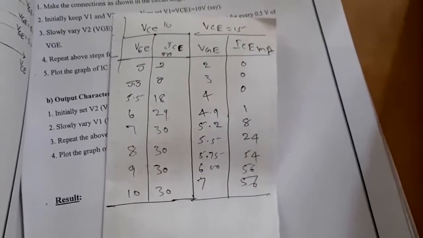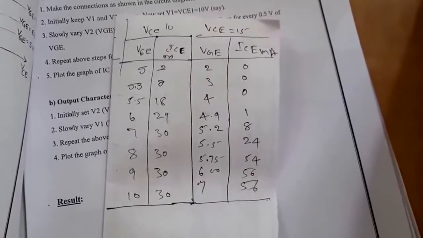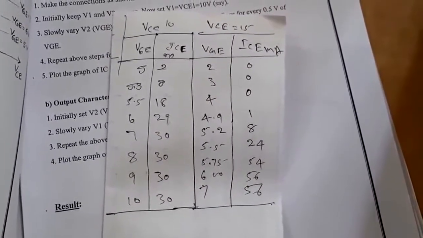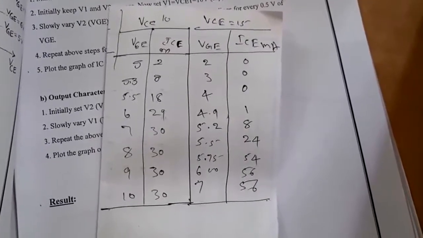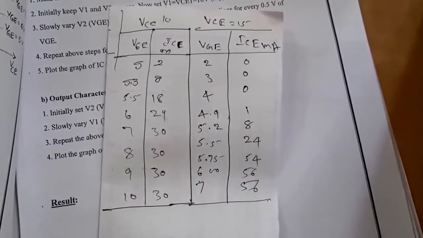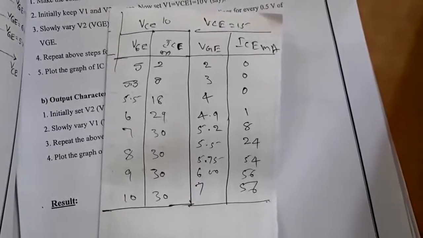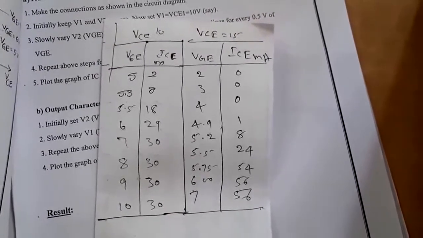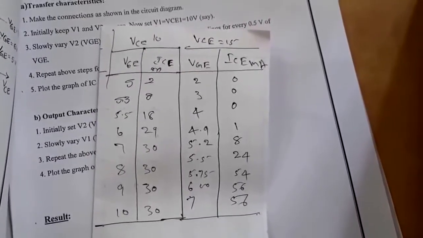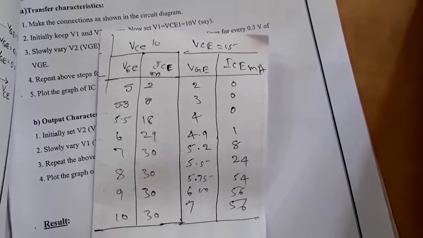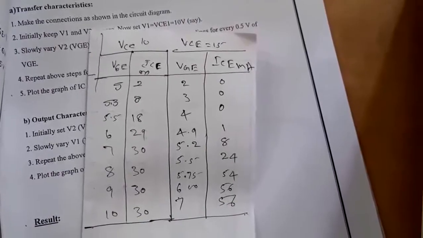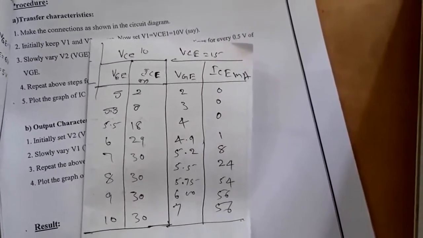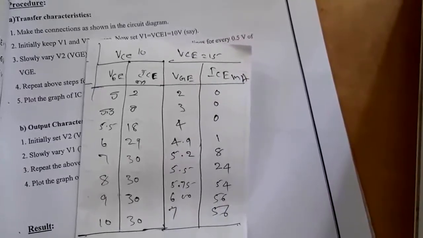Now let us try to compare when VC is 10 and VC is 15. What is happening for the same voltage? Let us compare with 5.5, because that's more clear. 5.5 is 18 milli when VC was 10, and the same 5.5 volts across VGE, when VC is 15, it is showing almost like 24.